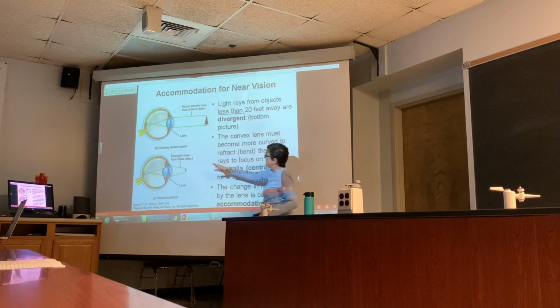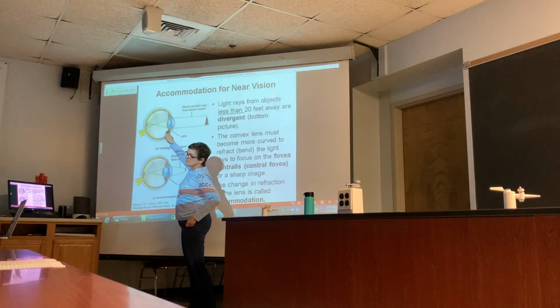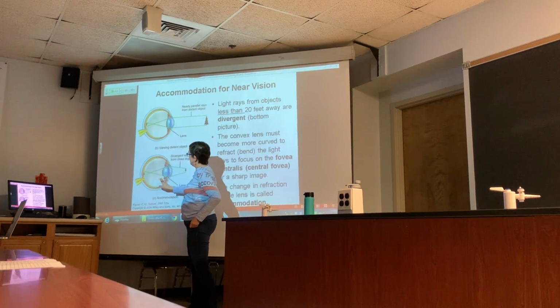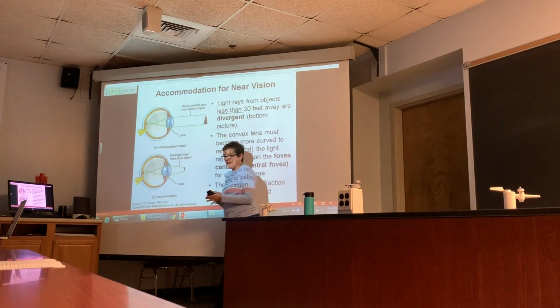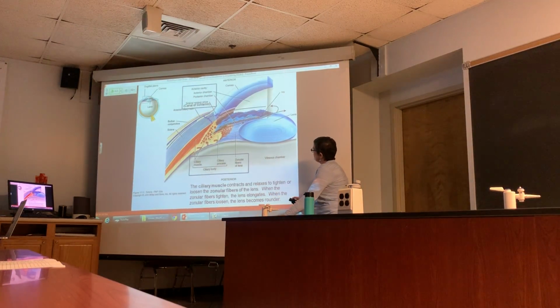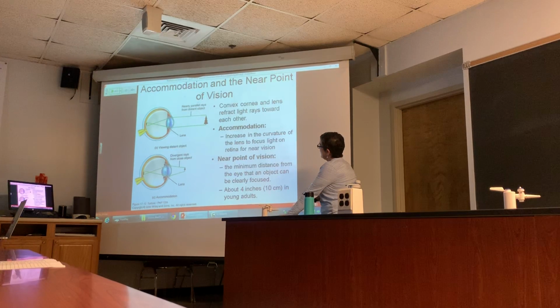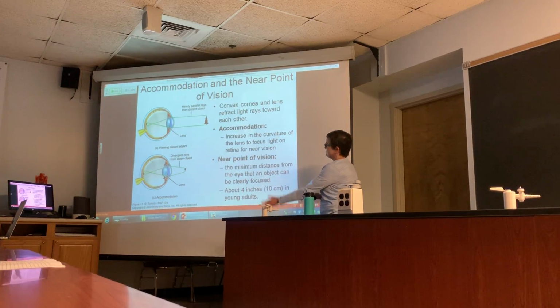So here, you're tightening the fibers by contracting the muscle. Here, you're loosening the fibers, allowing it to become rounder. And that's where vision problems often arise, in getting that image focused just right on the fovea centralis.